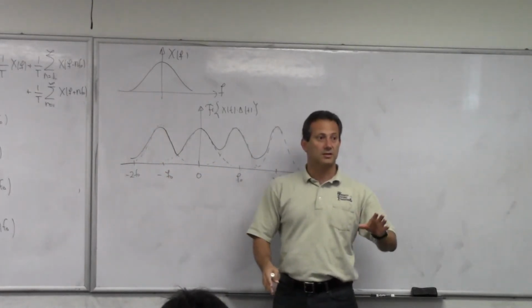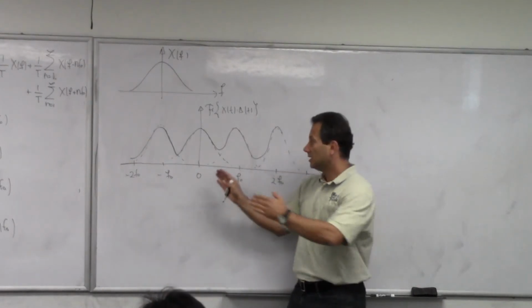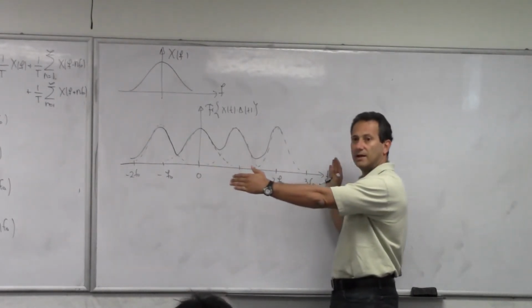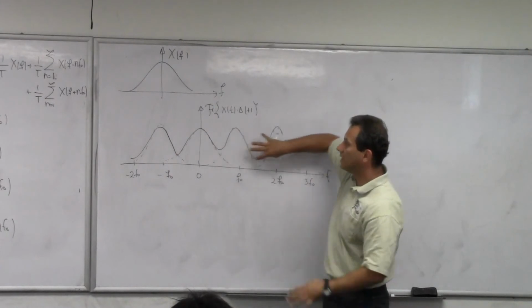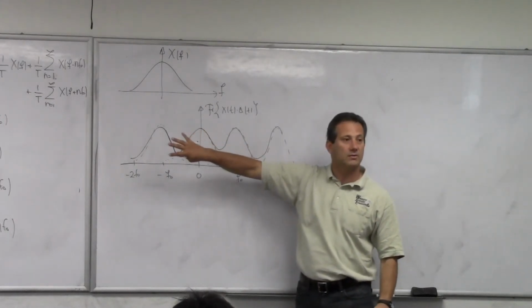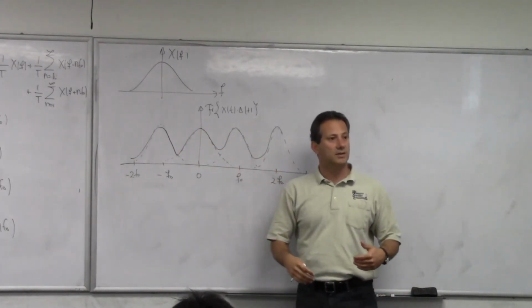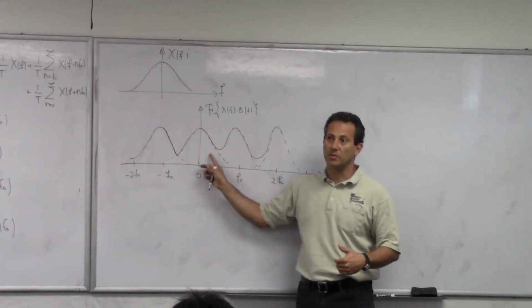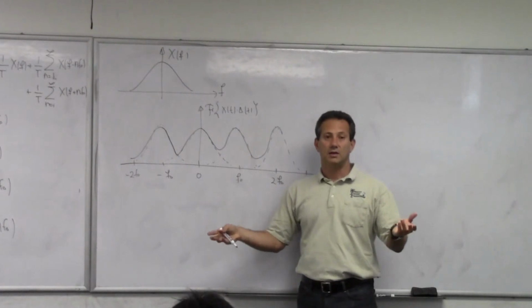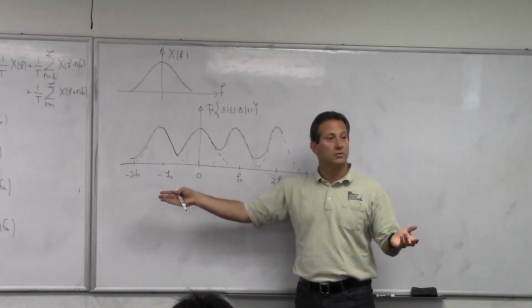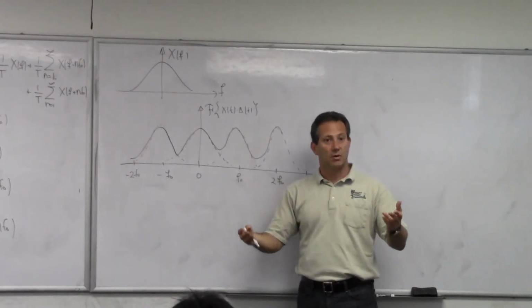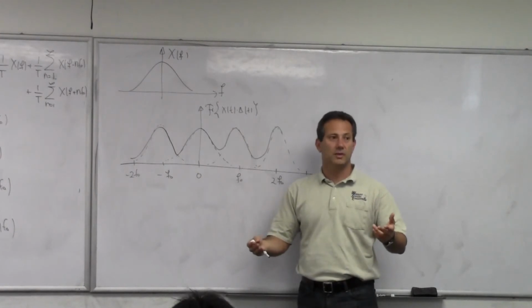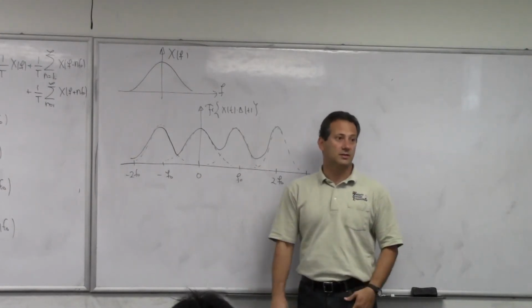In a special case, when my sampling frequency is high enough so that these are separated in the frequency domain, I can reconstruct my signal back through low-pass filtering of this baseband component here. But in other cases, this formula is true as well, except that because of the overlap of the spectrum in the frequency domain, I cannot reconstruct the signal back.